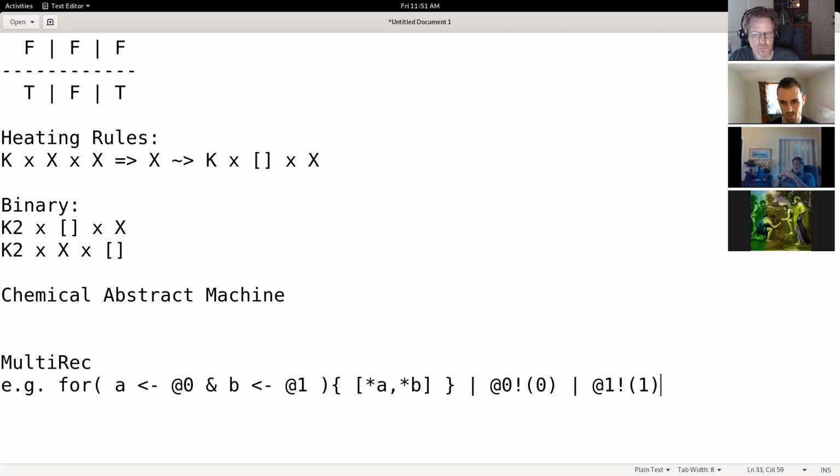I'll just say I'm sending those processes that the channel name represents. So this atomically reduces in one COM event to, well, the substituted continuation. So it would be like 0, 1, that list.